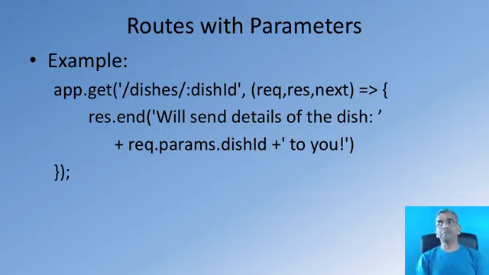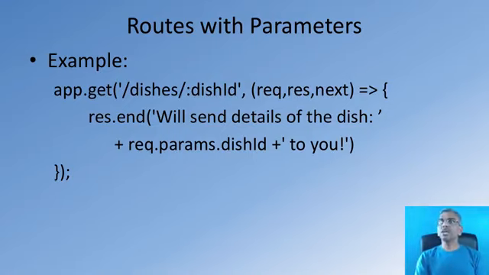In this example, the :dishId means that if we issue a request to an endpoint, say for example /dishes/23, then the dishId parameter enables us to extract this number 23 so that we can operate on dish number 23 within the function specified inside this method.